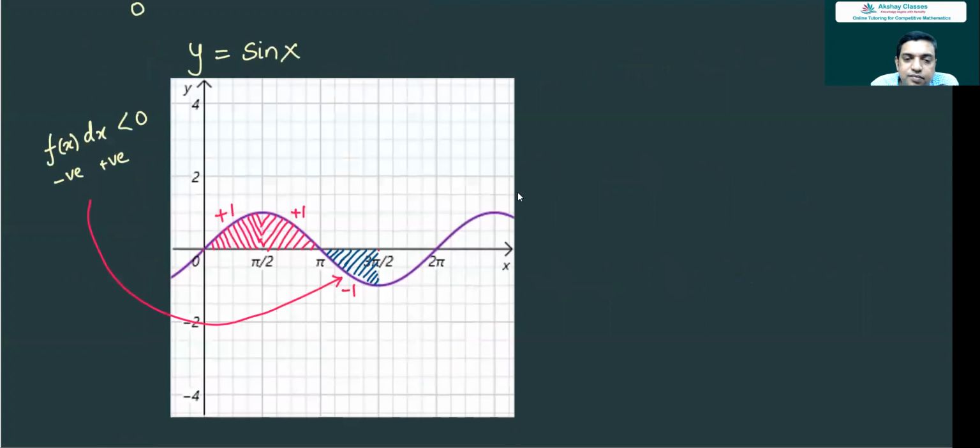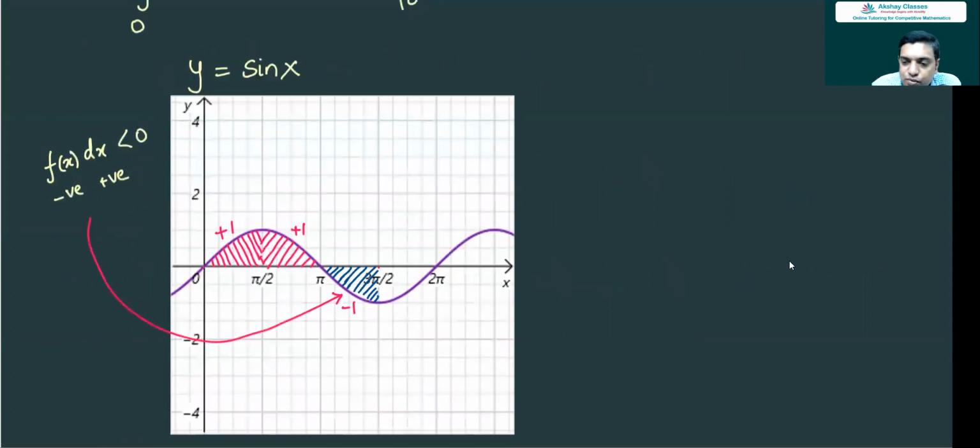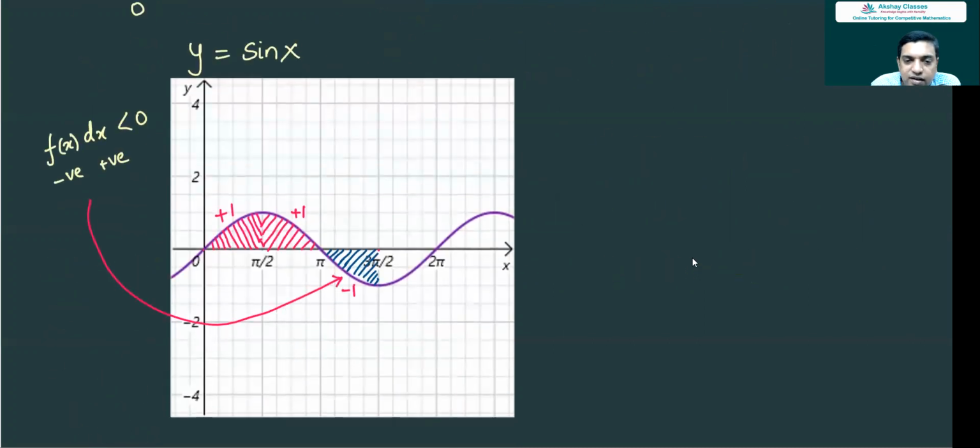All right. And when we do integral 0 to 2 pi, we have 0 to pi by 2, 0 to pi, 0 to 3 pi by 2, 0 to 2 pi. So this area is also included. Now, this segment of the area will also be -1.